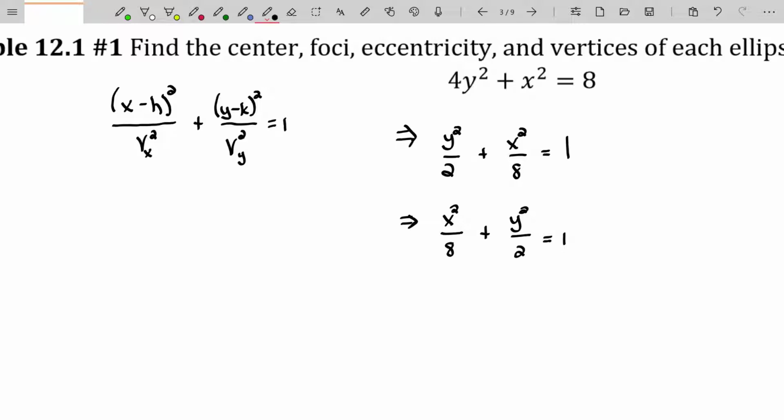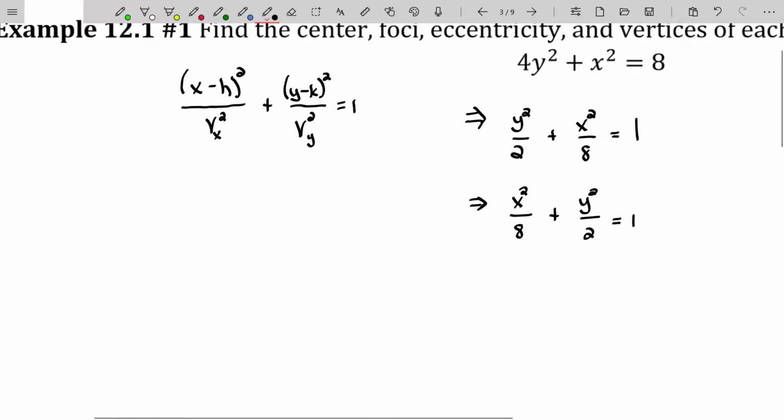Well, in this case, h and k are 0, and so therefore our center is at 0, 0. I'll write that in. Center is going to be at 0, 0.